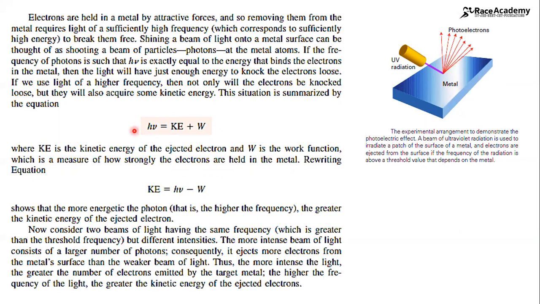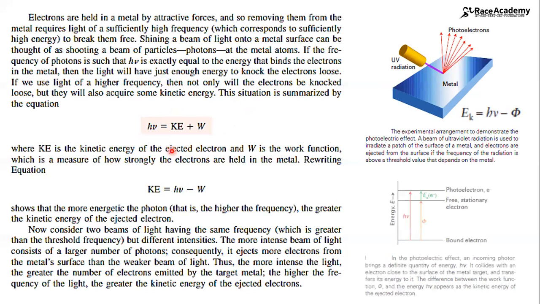This energy has two parts: one is kinetic energy, and the other is the threshold energy. For an electron to come out of the atom, kinetic energy is required, and to overcome the electrostatic forces, another energy is required, called the work function. This is given as Ek equals h nu minus phi.